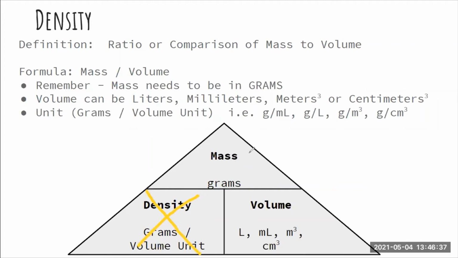So density is mass divided by volume. That's the formula that is left. If we're looking for mass, we would cover up mass, and the formula is density times volume. And if we were looking for volume, we cover that up, and we're left with the formula mass divided by density. So in one easy step, we can find all three main formulas for the density equation.